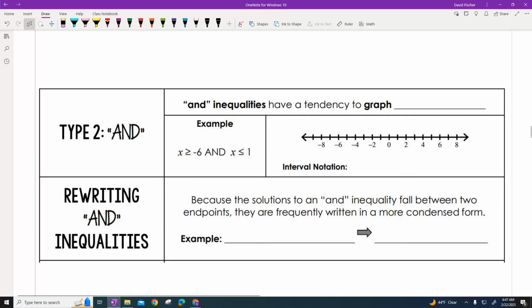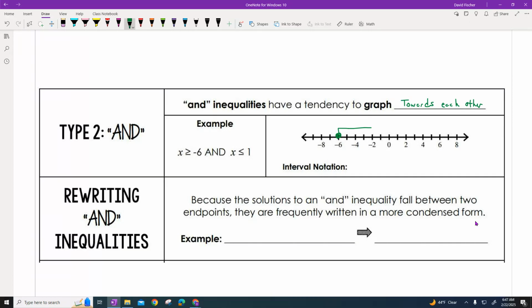Now, here's the second type, called an and statement. I like these guys, because these guys go towards each other. And so now if I was to graph this guy, it says x is greater than -6, so greater than means more than, so I'd have an open circle on -6, and my line starts going this way.